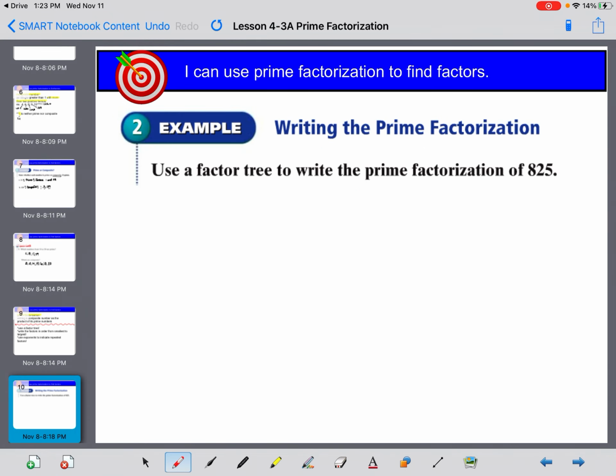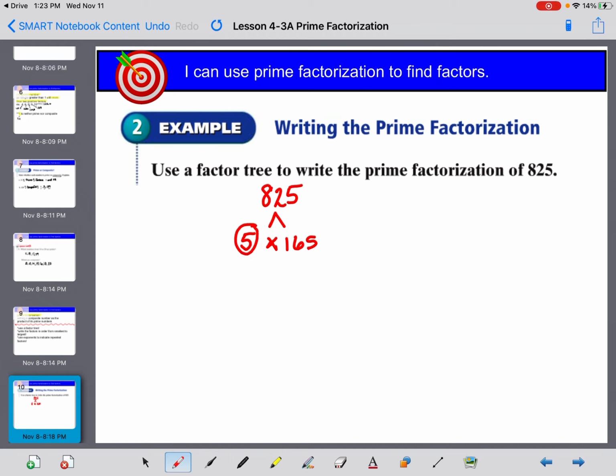Use a factor tree to write the prime factorization of 825. So, 825, you write that first. Because 825 ends in 5, I know that 825 is divisible by 5. So 5 times 165.